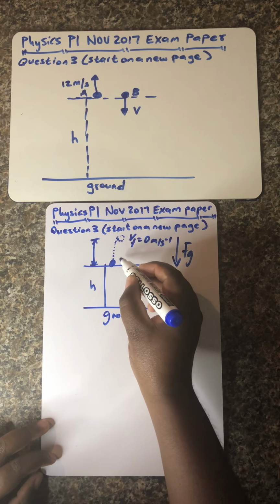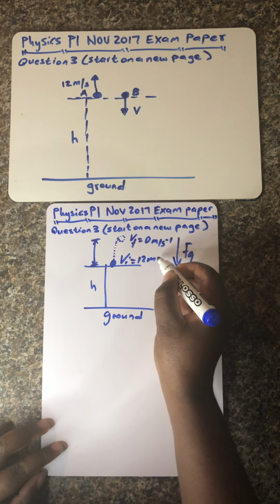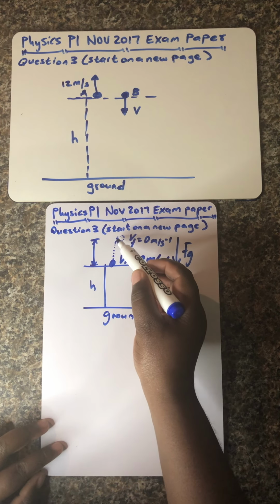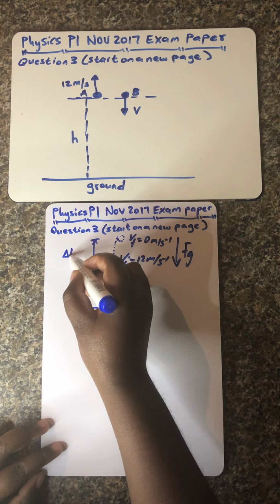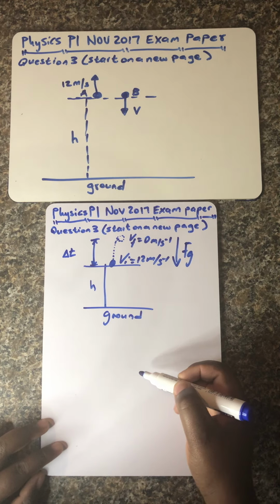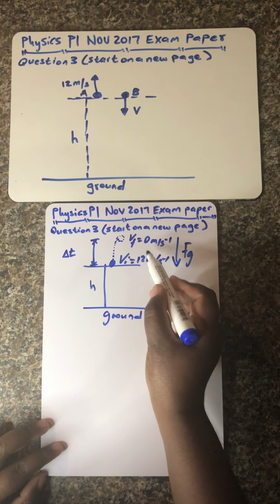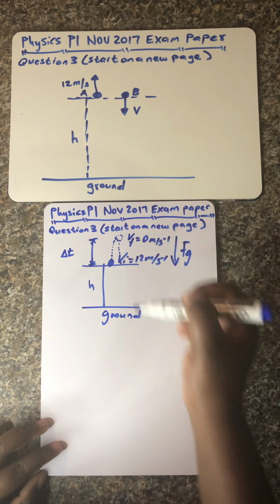So that means for that object which has an initial velocity of 12 meters per second, it will come to a stop after traveling for some time, and obviously when it reaches its maximum height, that's where its velocity is equal to 0. It momentarily stops, and then from there it's going to come down.